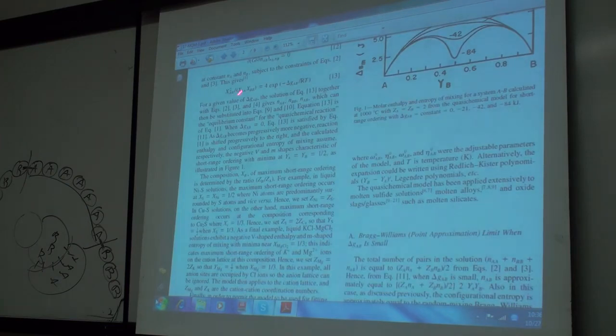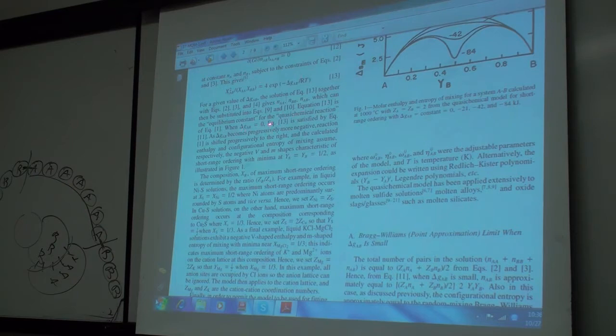Okay, then, for a given value of delta GAB, the solution of equation 13, together with the mass balance equations and so on, gives you NAA, NBB, and NAB, which can be substituted back, and you can solve the whole thing. If you choose a value of delta GAB, it gives you the mole fractions. Putting them back into the equations, you end up with all the thermodynamic properties for the system. Equation 13 is the equilibrium constant for the quasi-chemical reaction.